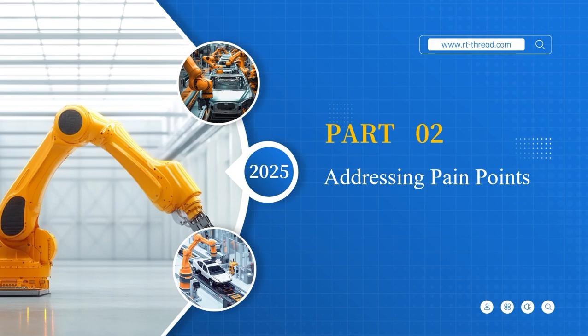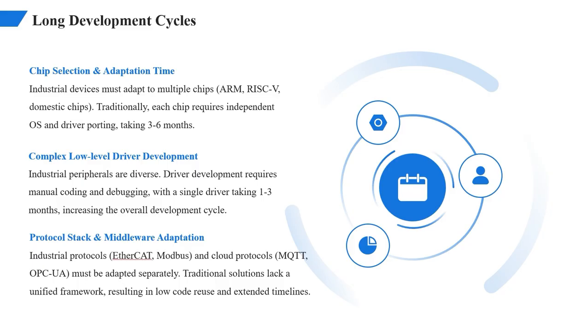Now let's move to part two, the pain points we address. The first pain point is painfully familiar to every embedded engineer: development cycles that stretch across months or even years. There are three root causes. First is that chip porting and adaptation is time-consuming.